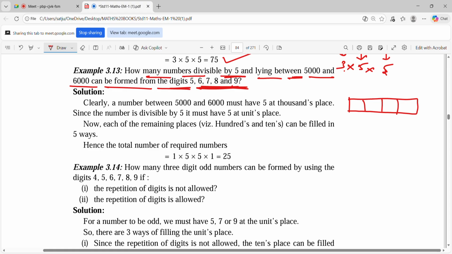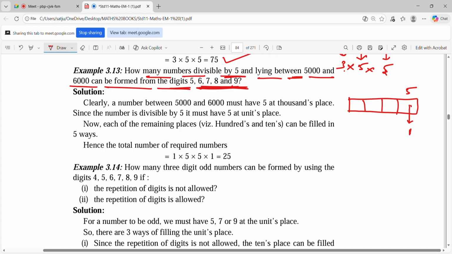The first place you need to fill is where there is more constraint. Divisible by 5 means this last place is surely 5, no other digit is possible here. So only one way.